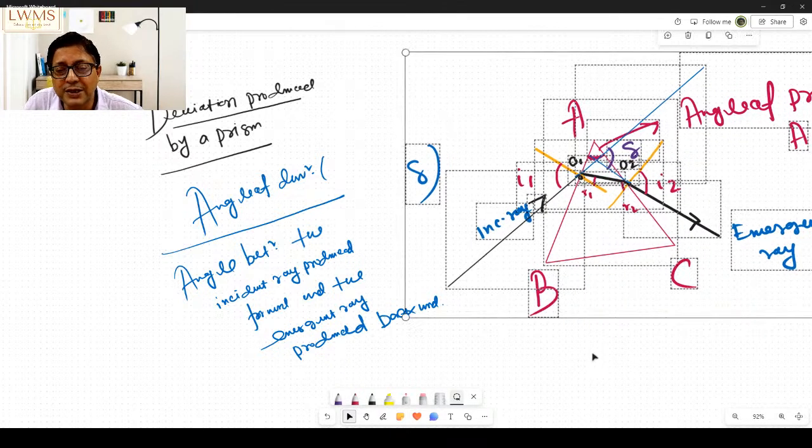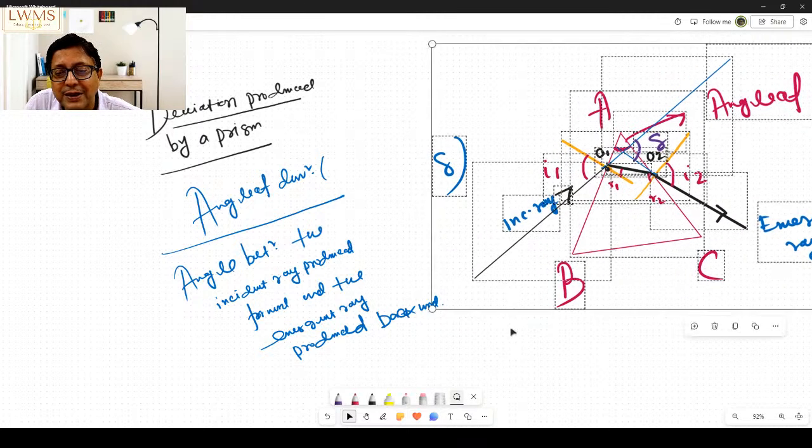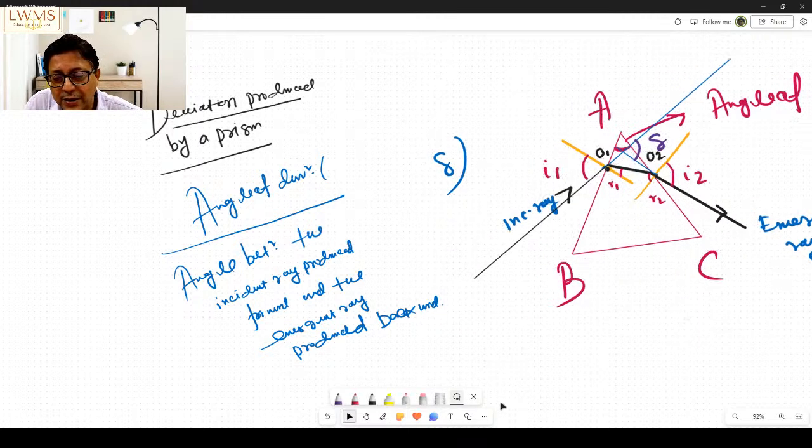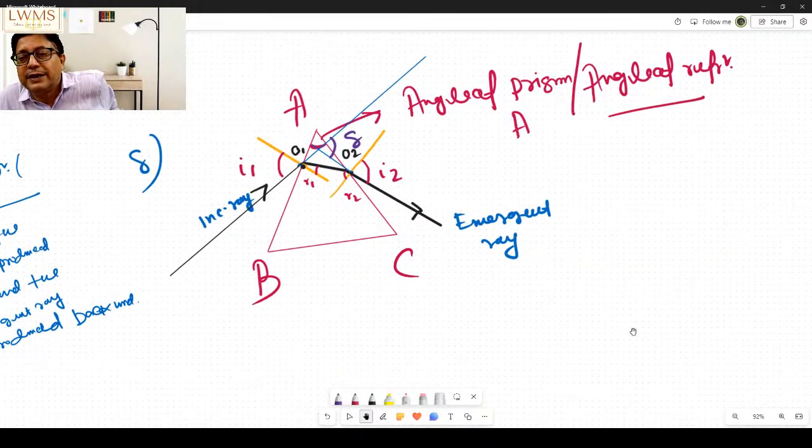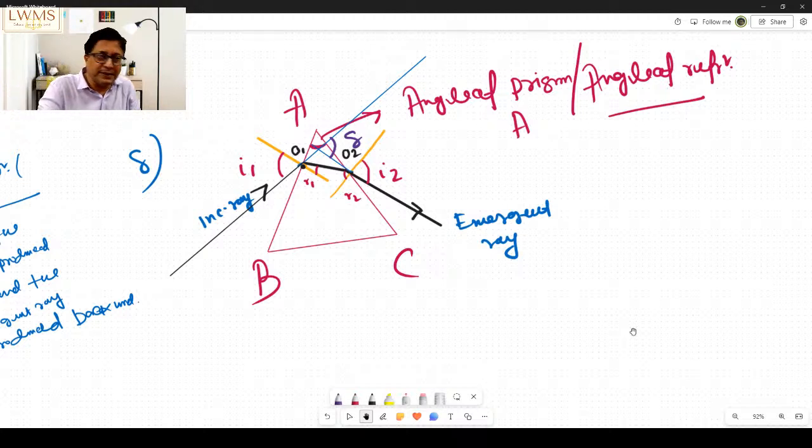Which one is the angle of incidence, angle of refraction, and what is the angle of deviation? You can see properly. Clear? Delta is the angle of deviation. We are going to find the value of delta in terms of I1, I2, R1 and R2.